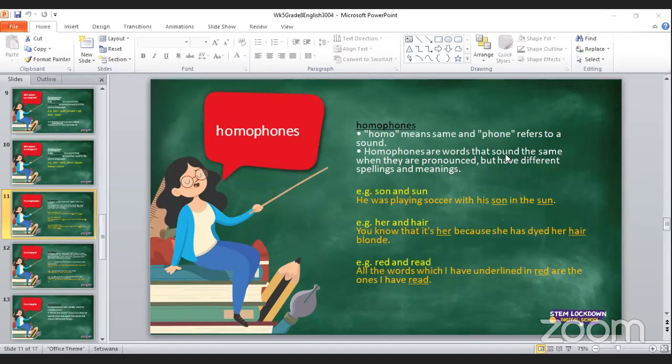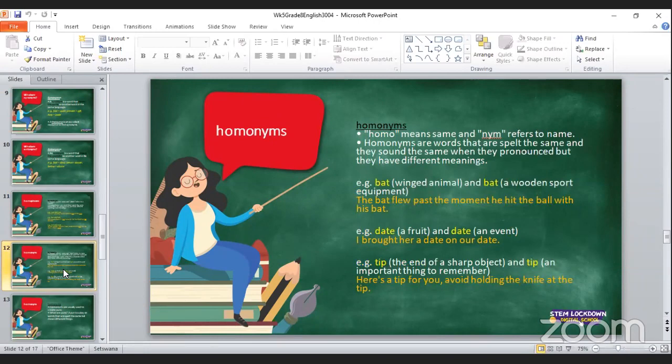Okay, let's move then to homonyms. Before I give you the formal definition, I said homo means the same. Nym refers to name. So homonyms are those words which have the same name.